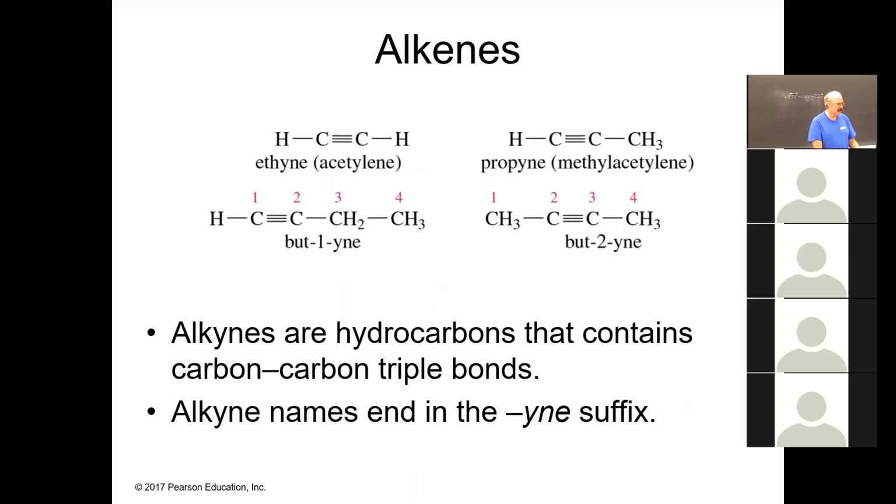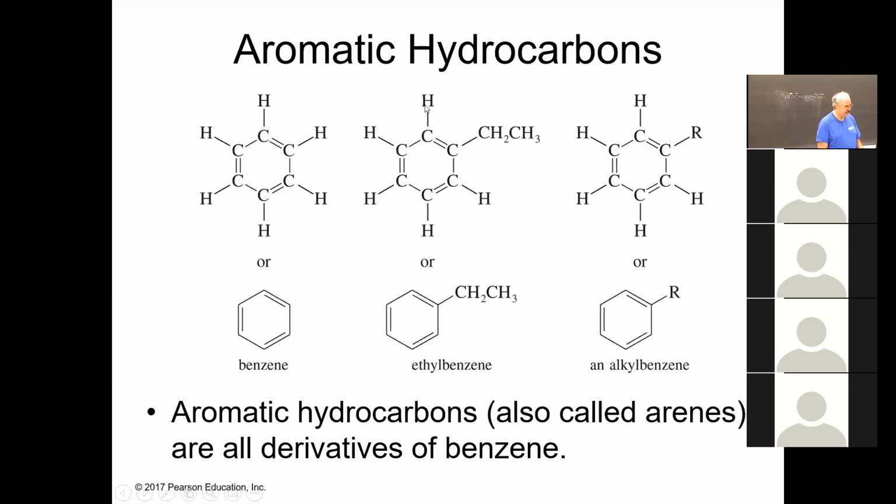We haven't learned how to name these yet, but if you saw a drawing of this, for example, you'd say that was an alkyne. If you saw a drawing such as this, methylbenzene, I wouldn't expect you to name this, but be able to recognize that this is an aromatic or an arene.